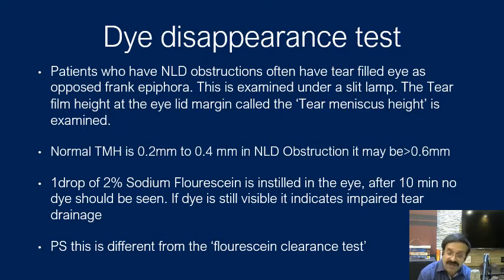But if it remains, then suspect that there is some tear drainage impairment in this patient. Now, how do you find that the sodium fluorescein is gone? You see it under the cobalt blue filter in a slit lamp. If there is no fluorescence, it means it has completely drained out. But please bear in mind that this is different from the fluorescein clearance test, which of course is a different test.